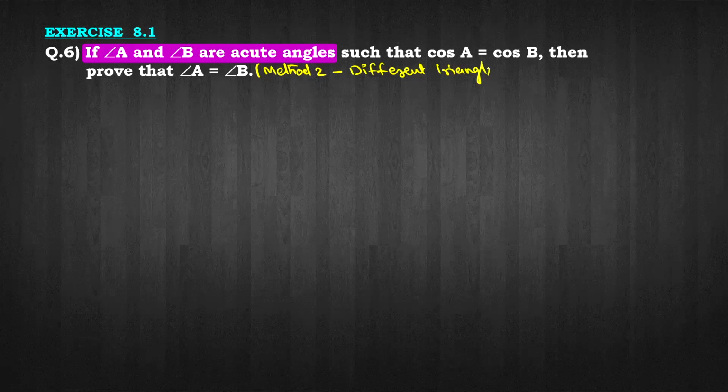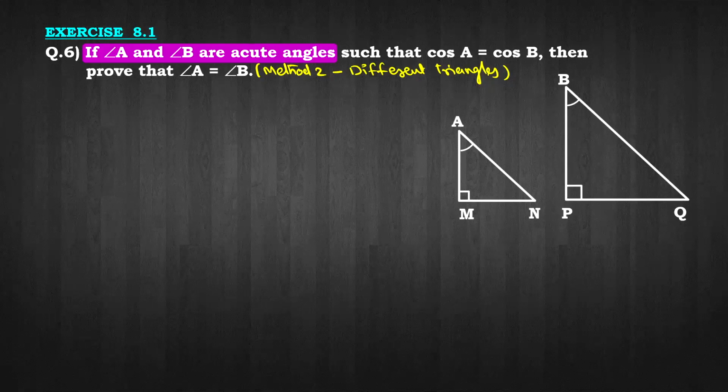Now what type of triangles are they? Because cos of angle A and cos of angle B are given, we are having trigonometric ratios. Therefore, we need to consider right angle triangles. So the two triangles are right angle triangles.